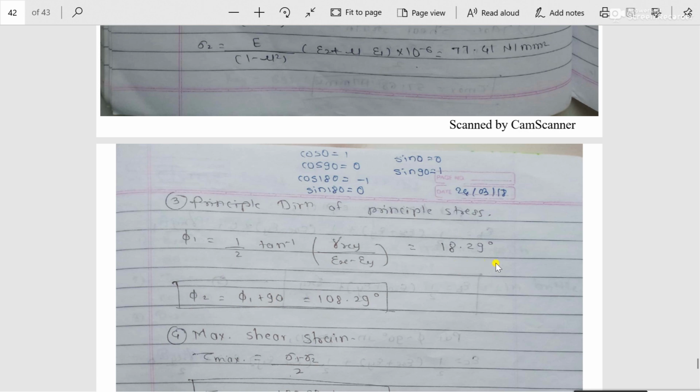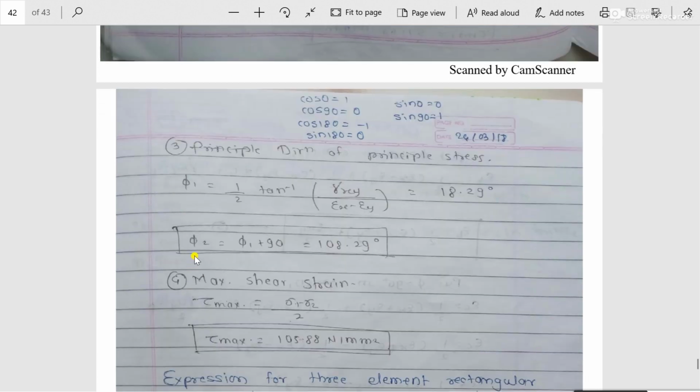So to the 18.29 degree I have calculated, I add 90 degree, and then I get the direction of the second principal stress, that is phi 2 equal to 108.29 degree. So this is about the calculation of the direction of principal stresses, also called the direction of principal strains.